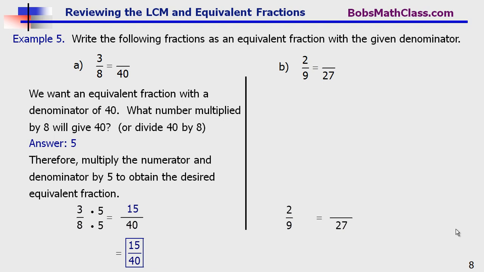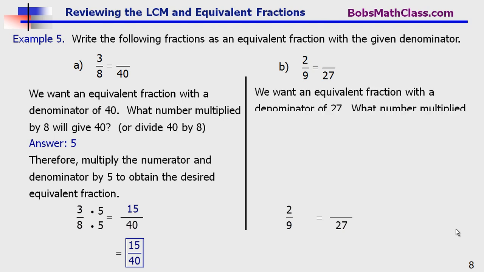Okay, same thing with the next one. 2/9 equals what over 27? We want an equivalent fraction with a denominator of 27. What number multiplied by 9 will give 27? Or we could divide 27 by 9. In this case the new denominator is not that big, but let's say it was 8,145.